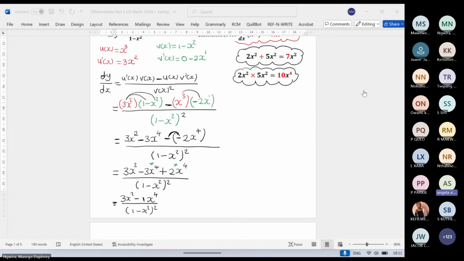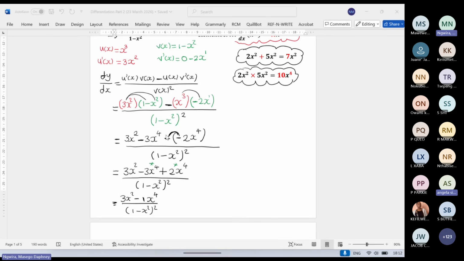So do you see there where you said minus open bracket x to the power of 3, close bracket, open bracket minus 2x to the power of 1, close bracket, right? So I don't know, maybe in my understanding, because I did pure maths, don't we have to close the first bracket of everything before we change it to that minus open bracket minus 2x to the power 4, ma'am?